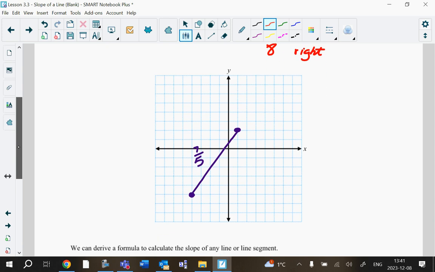So probably in here somewhere, I'll start here. 1, 2, 3 down. 1, 2, 3, 4, 5, 6, 7, 8 to the right. Okay.